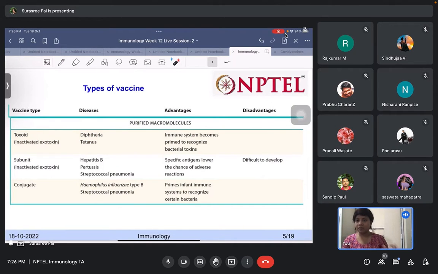So these kinds of events occur in diphtheria, and it is not caused by the principal bacterium, but by this particular toxin. Therefore, if the individual has to be immune against this disease, then there has to be an antitoxin introduced in the individual, right?